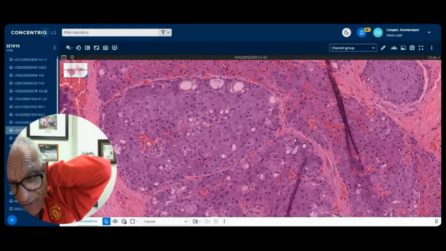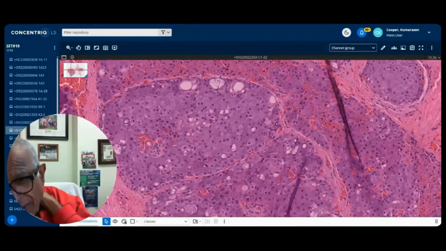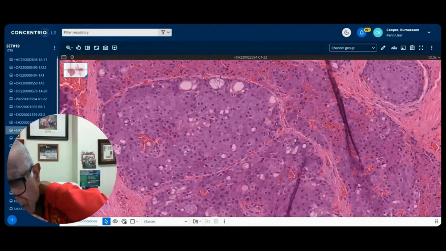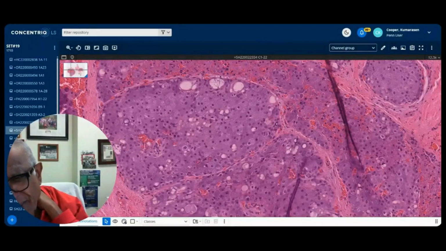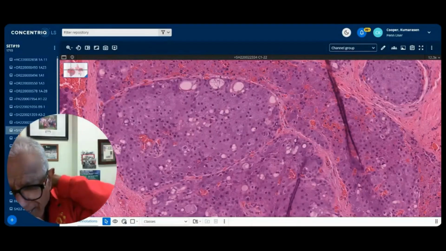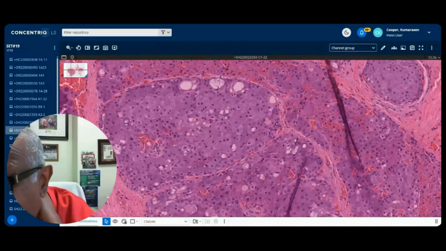In it, what they found was that the intermediate grade, as per previous grading classifications, whether Armed Forces or WHO, in their series graded with the low grade and behaved as low grade. So they lumped the intermediate into the low grade and proposed a two-grade system, so it's low and high. I like that. I signed out a mucoepidermoid yesterday, and we talked about that paper with the fellow, Natalie, and she was pleased with getting a copy of that paper. So you can look at that paper.